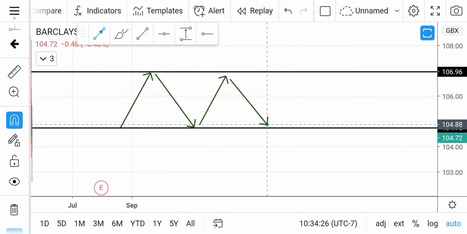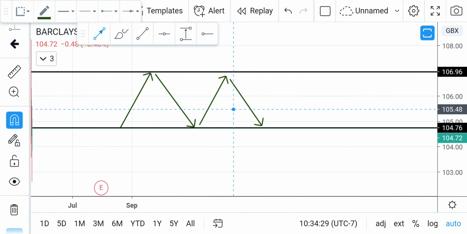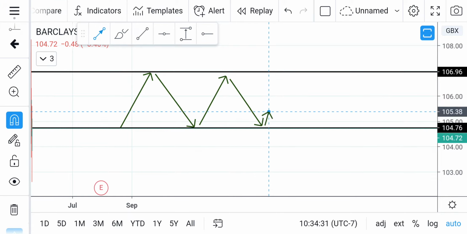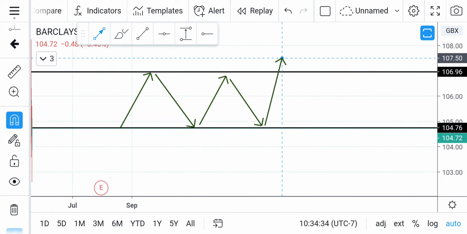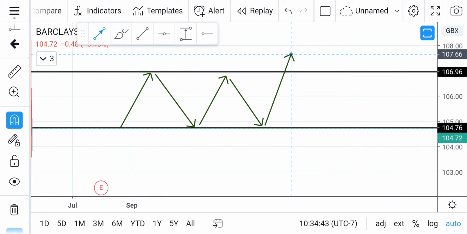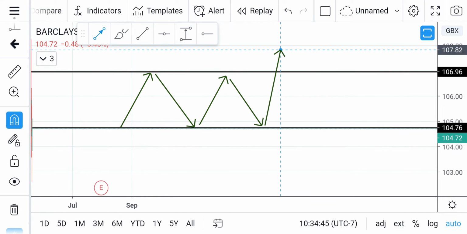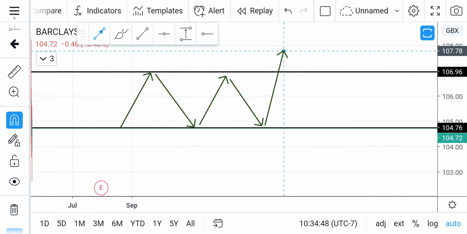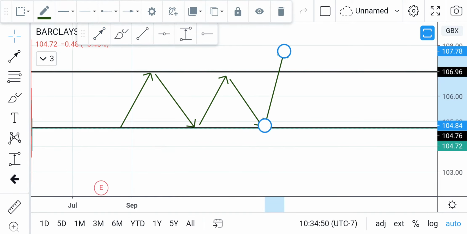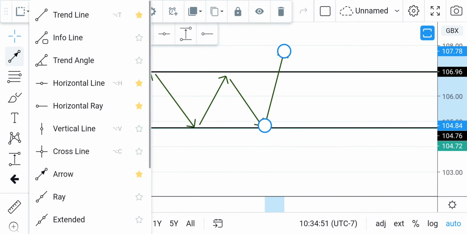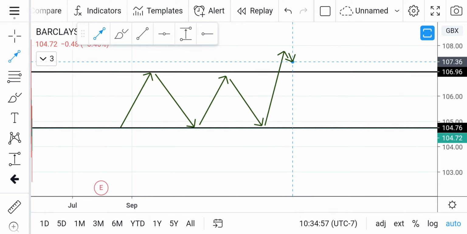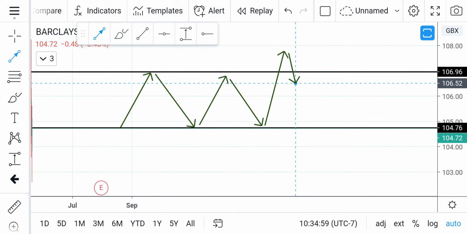What is going to happen next is that for the next candle, price will break above the resistance, and buyers will start thinking that, okay, price has broken above the resistance, so they start buying. What is going to happen next for a false breakout is that the next candle that is going to open is going to take price down. The next candle is going to take price back into the channel.